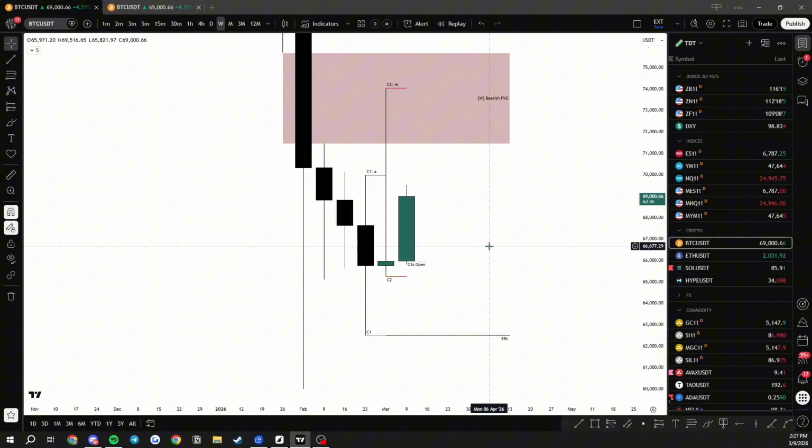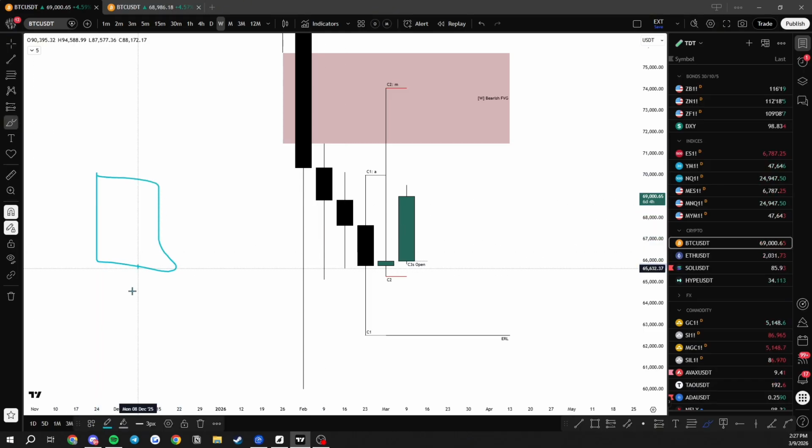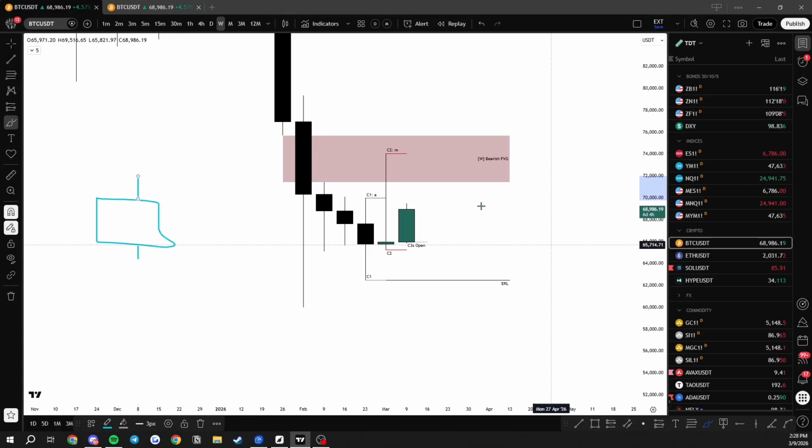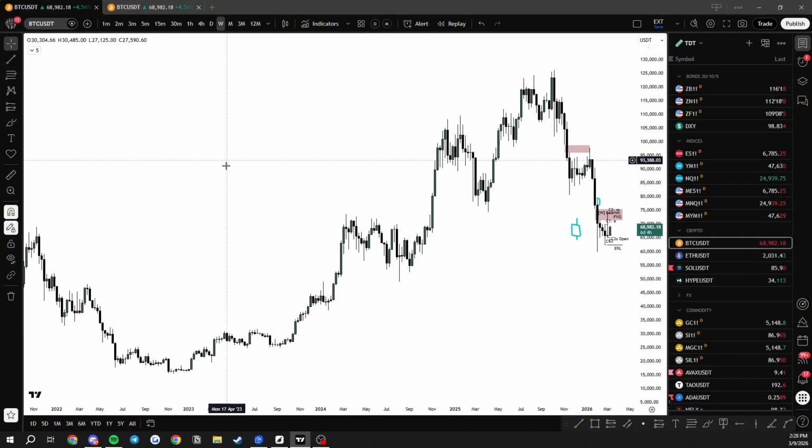Whoops, my fault, I knocked my mic off. But when we have a tiny move, keep something in mind: when we talk about continuation candles, you do want to see a small wick, but you want to see a wick. This is not a big wick, but this is almost no wick. And sometimes you will see no wick.